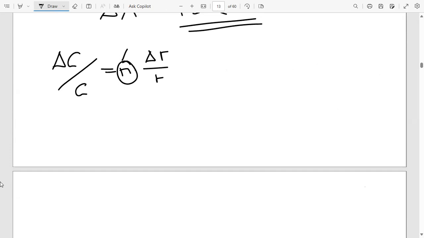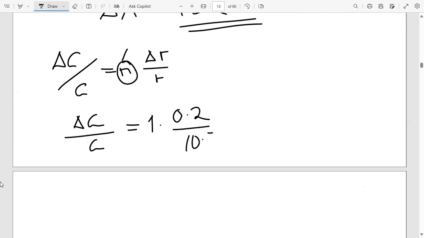So the uncertainty in C over the actual C will be equal to 1 multiplied by 0.2 over 10.5, like this. Okay, so I'll multiply this side.